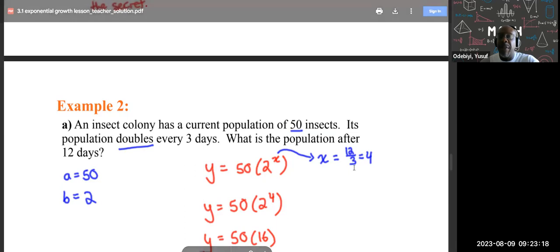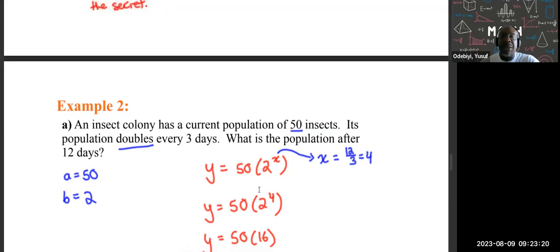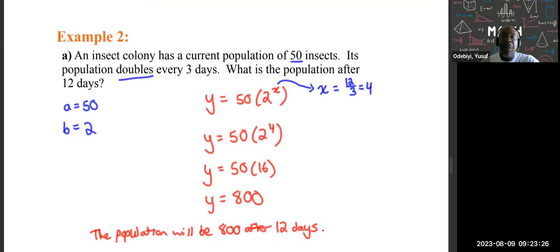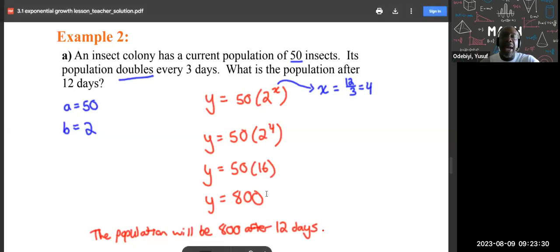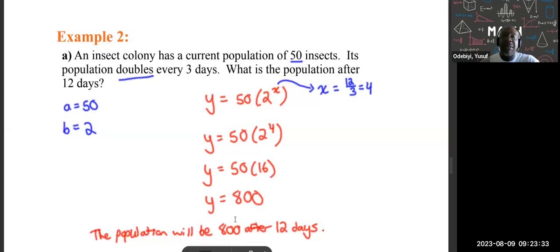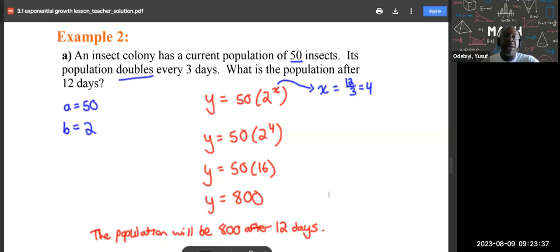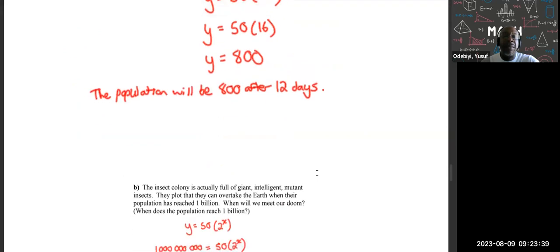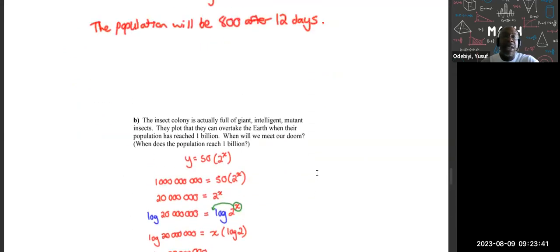So it'll be 12 divided by 3. So that would be your X. Okay. So we know our initial amount is 50. It's doubling. And when we do the math, after 12 days, you will have 800 of this insect.